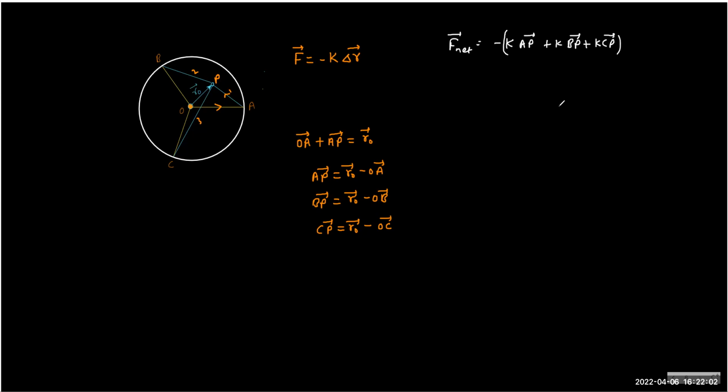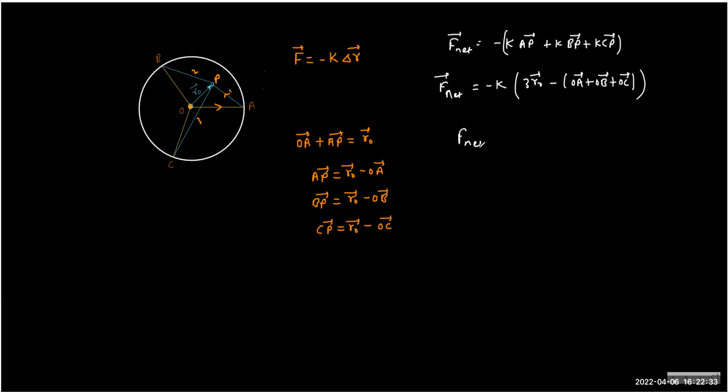The string was unstretched, so you have stretched towards the point P. So the spring will apply the force towards itself. So this is the force. And if you substitute the value, what do you get? Minus k times 3R naught minus OA plus OB plus OC. So this is the net force.